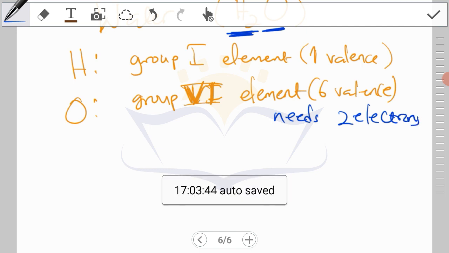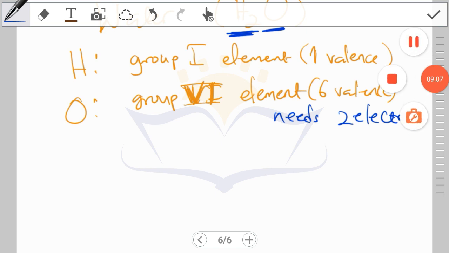So mukusoma chifukwa kuti taona kale ionic bonding, komanso tikudziwa kuti most group 1 elements amapanga lose ma electrons to become positively charged ions. Koma we should remember kuti hydrogen is a gas. It does not have metallic properties ngati solid metals, mene tinaonera sodium, magnesium. So in most cases hydrogen amapanga act ngati non-metal. So instead of losing ma electrons, hydrogen amapanga share ma electrons ake kwa oxygen.